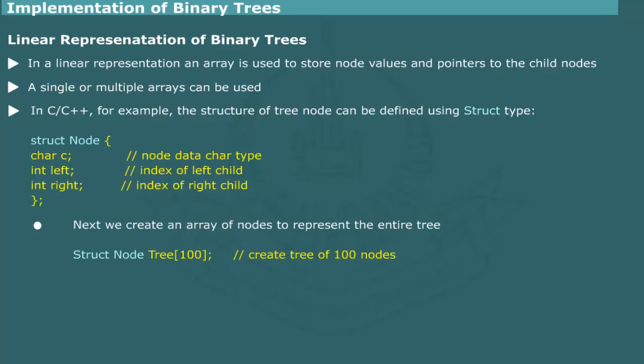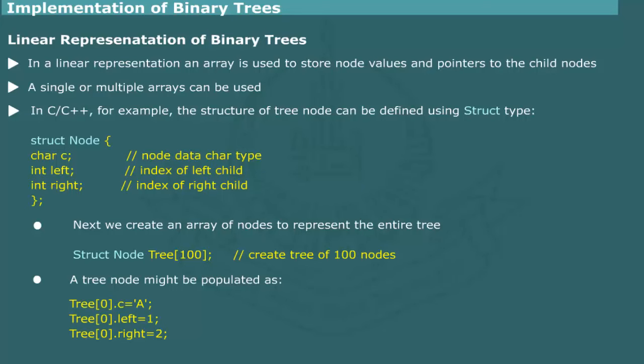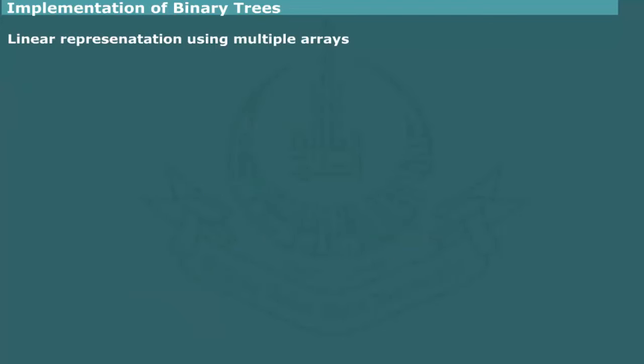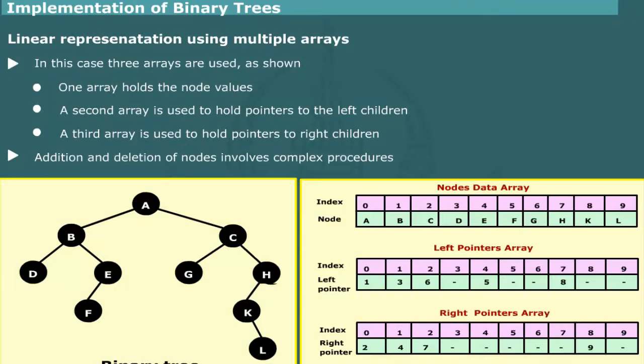Then we create an array of nodes to represent the entire tree. We populate the tree by assigning node values and appropriate indexes. For example, the first node of a tree array would be collective values as shown. An implementation using a single array is shown. The corresponding binary tree is also shown.